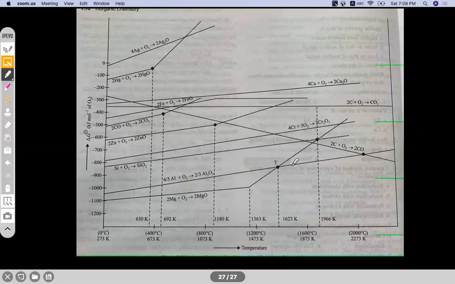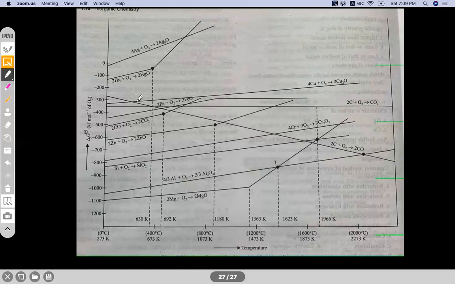For carbon, the slope is decreasing, but mostly for all the reactions the slope is positive. With increase in temperature, the delta G naught value is increasing, and at some point we have a sharp change in the slope. When you calculate delta G for all these reactions at different temperatures, this is the plot we get.